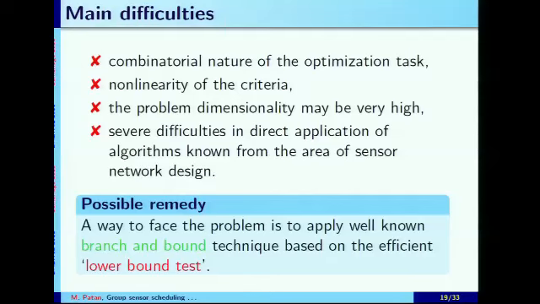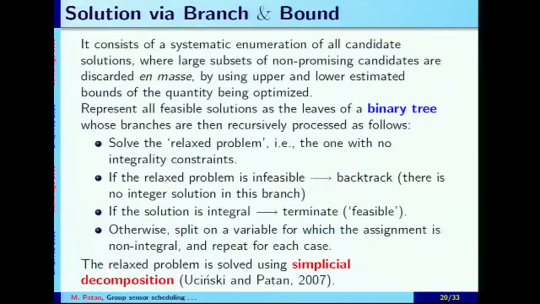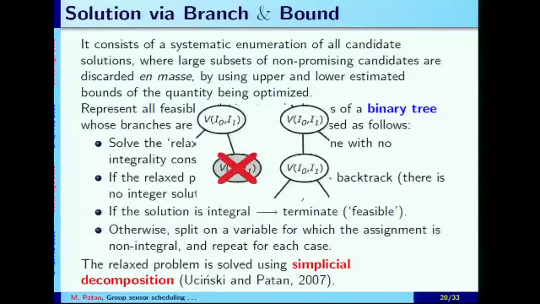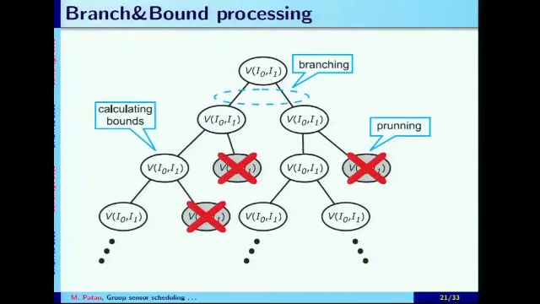Fortunately, there exist some combinatorial approaches to at least try. One of them is a classical optimization technique called branch and bound, which is nothing else than searching along the graph, the binary tree of solutions. The idea is quite simple.